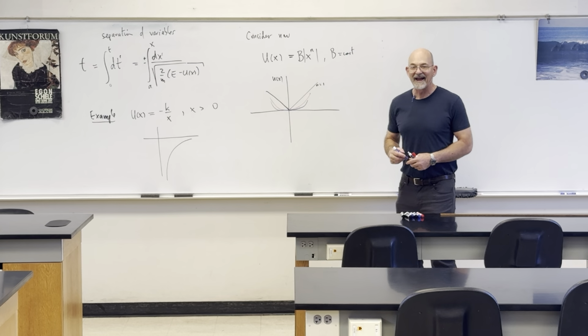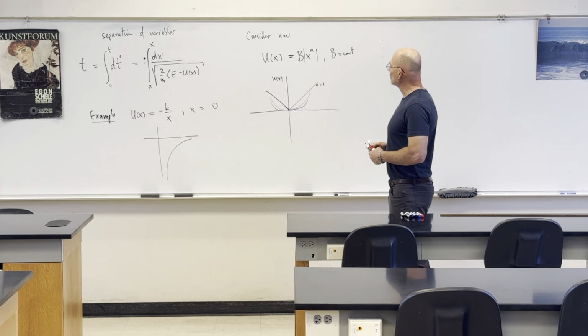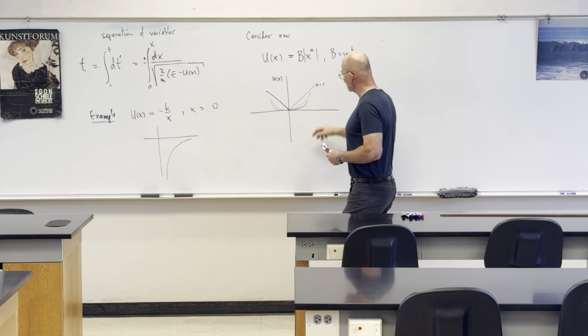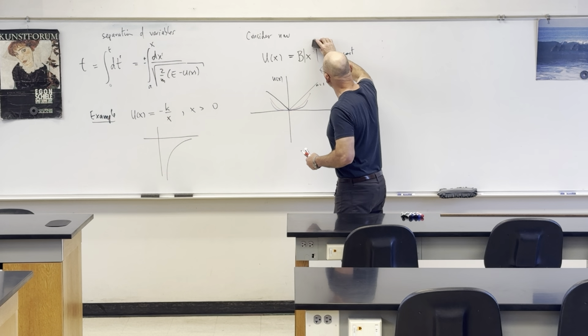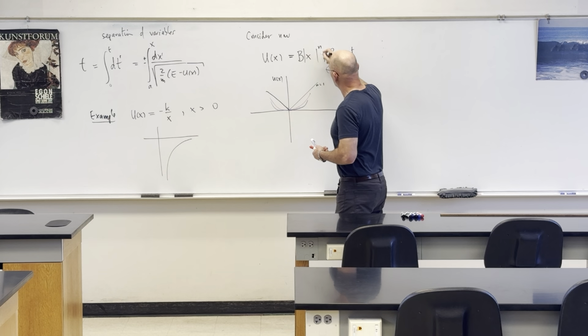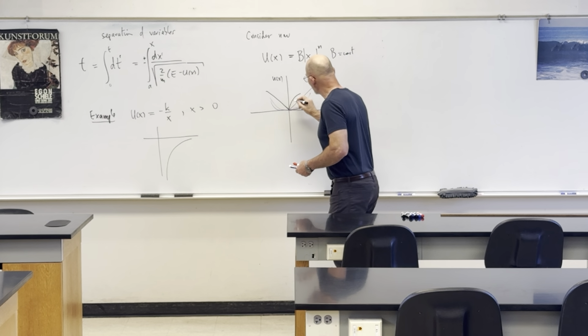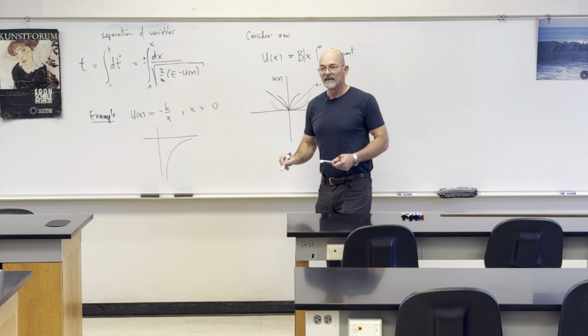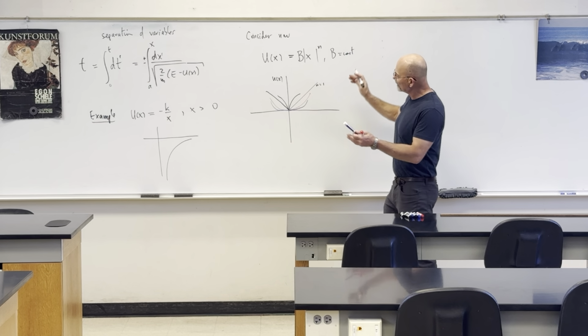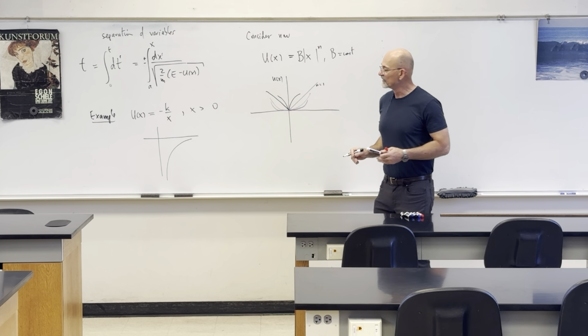And I should even bring into play n equals 1/2. I should put the n outside here for what it's worth. Because then we can have n equals 1/2, and you guys know it would go up like the square root. Since we're doing the magnitude, we could have it for negative and positive values.